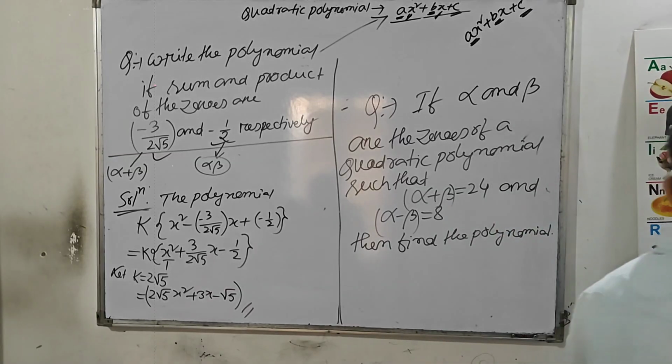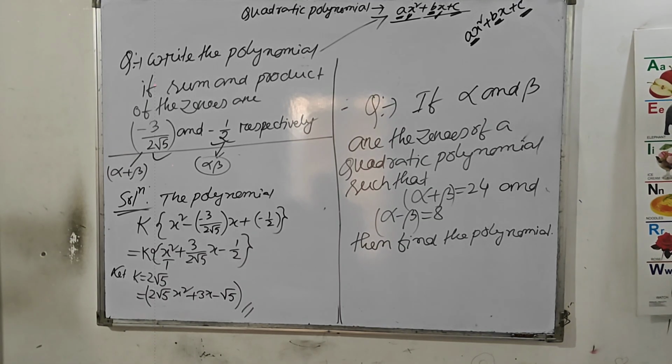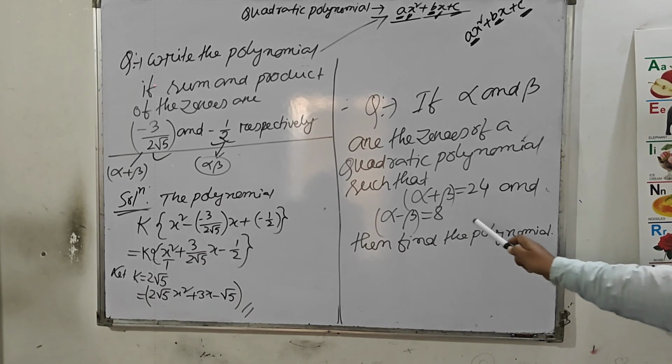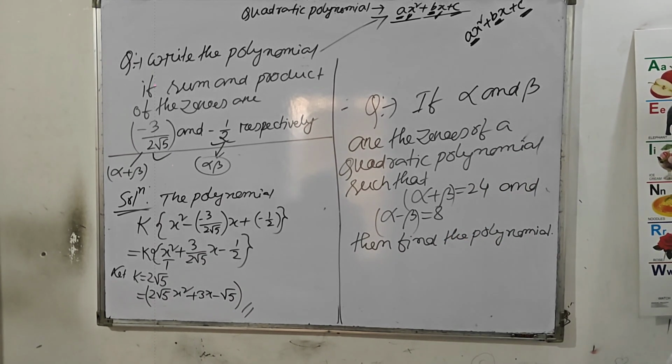You have to calculate it. There is a quadratic polynomial which is unknown whose zeros are considered to be alpha and beta. Sum of the zeros, that is alpha plus beta, is given as 24. Difference of the zeros, that is alpha minus beta, is given as 8. By solving these two equations, you need to get the value of alpha and beta individually.